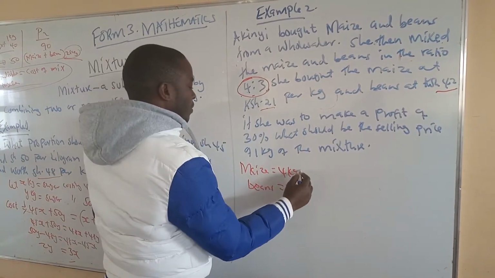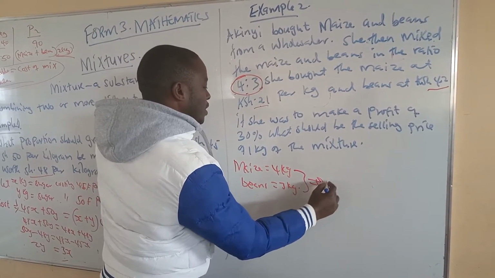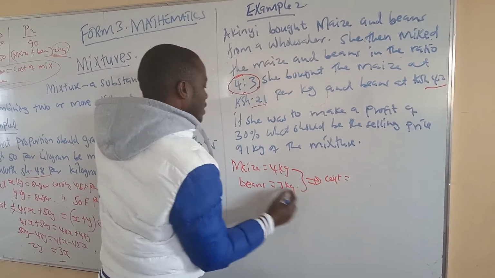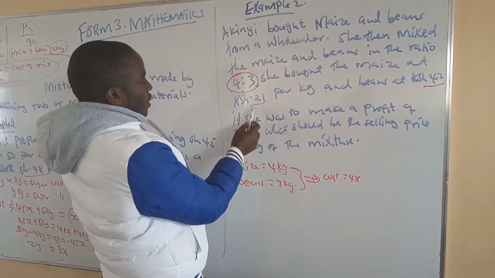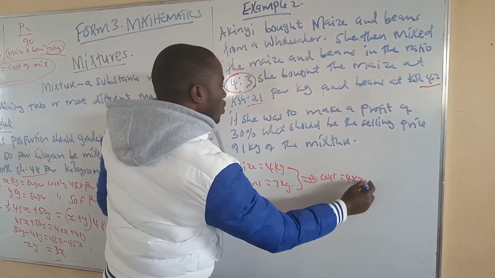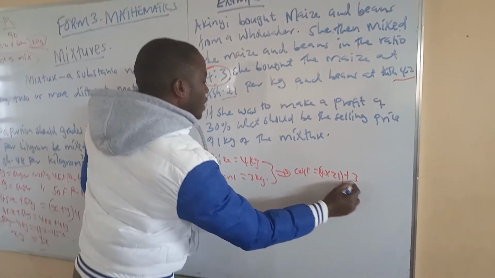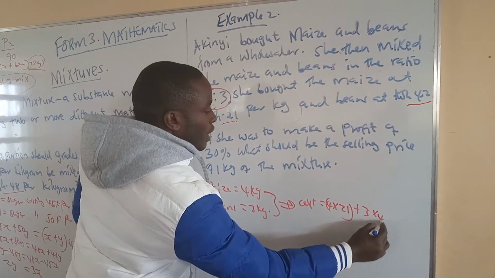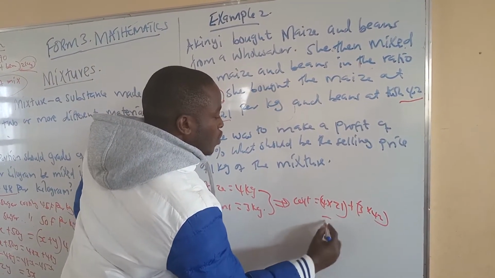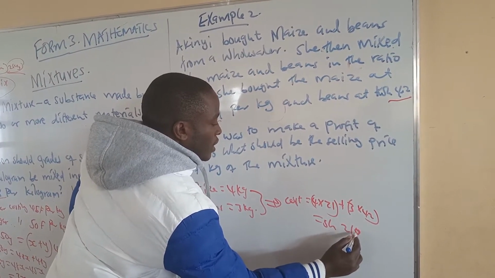It implies that the cost is 4 times, we are told it was going for 21 shillings per kg, times 21, plus 3 kgs of beans that was going at 42 shillings, times 42. So this gives you 210 shillings.